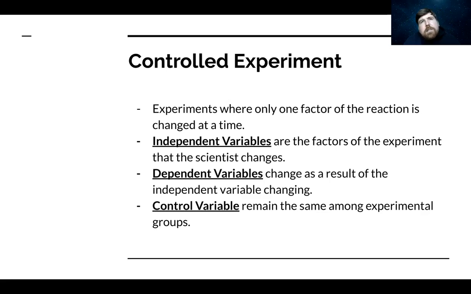As far as the chemical reaction example I was using, we would want to make sure that we use the same amount of reactants to make the same amount of products. We would want to make sure that the atmospheric pressure stayed relatively constant when we ran that reaction. Same glassware, same experimental apparatus while we go through that particular experiment.